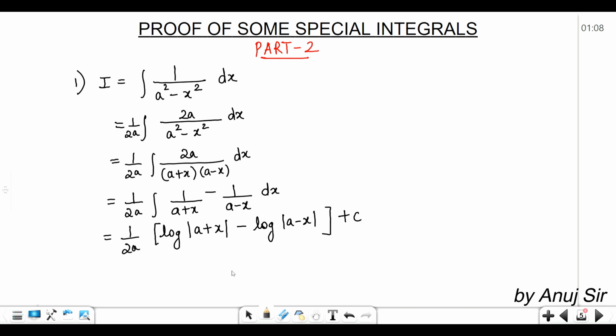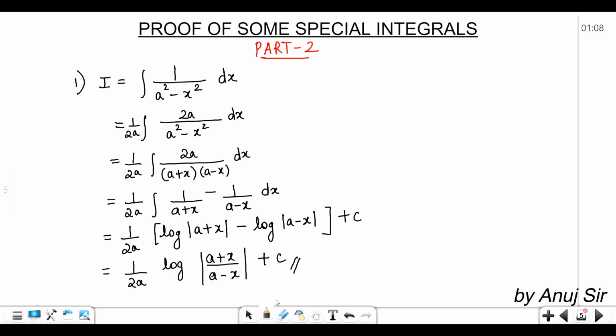Again, log of a minus log of b gives you log of a upon b, that is log of a plus x upon a minus x plus c. So this is how you can prove it. It is a very simple proof. Okay, with a couple of practice sessions you will be able to do this.